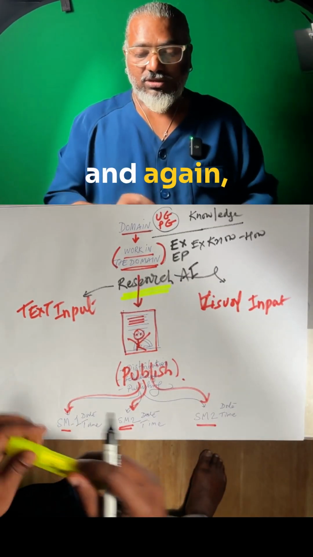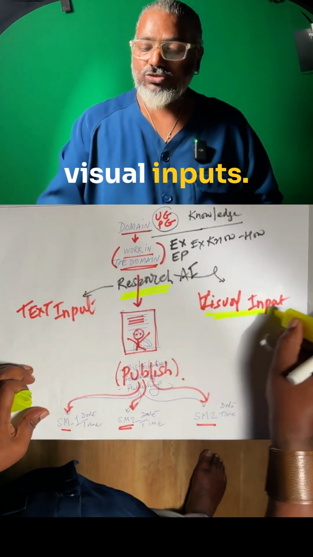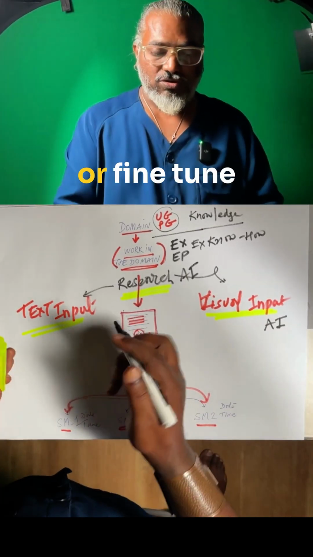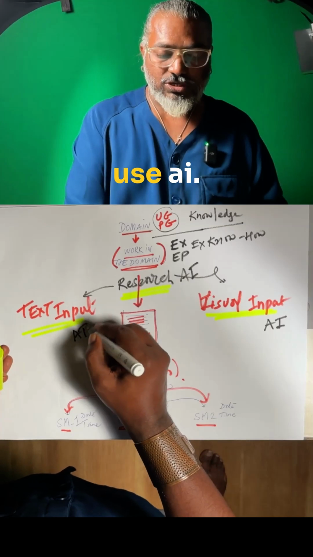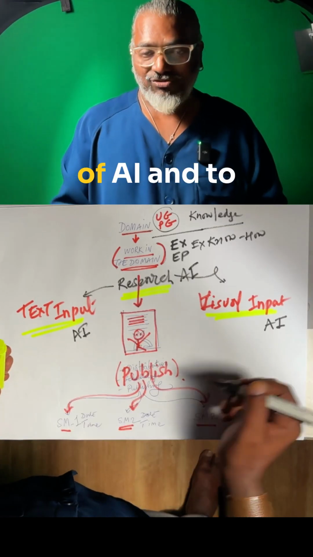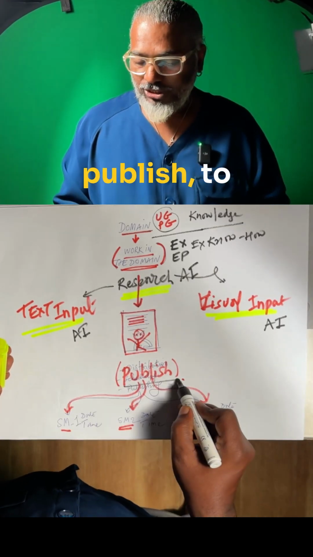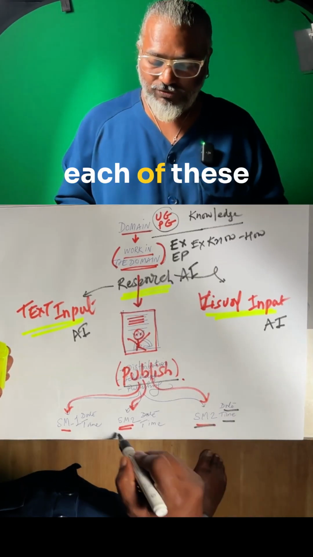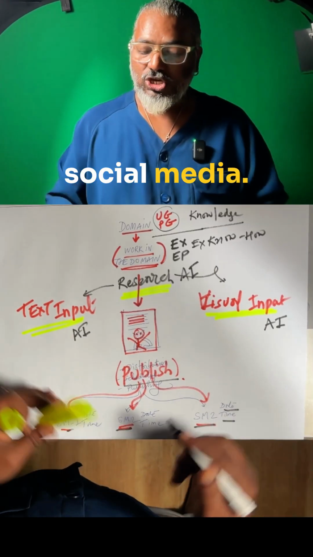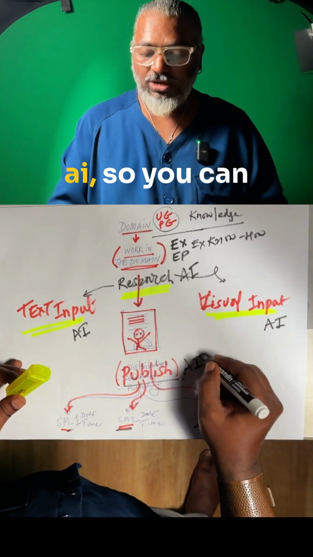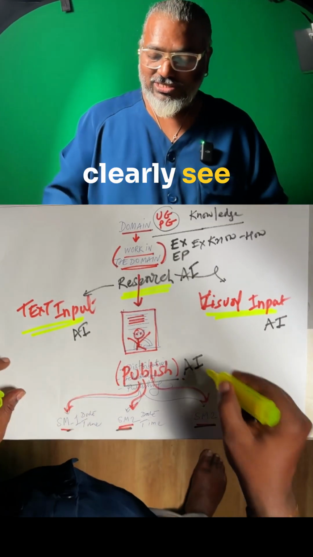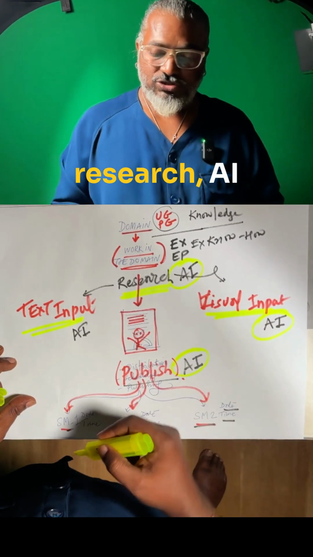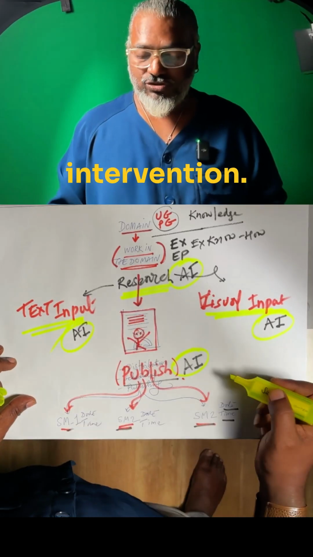And again, to create visual inputs, you can use AI. To edit or fine-tune your text, you can use another kind of AI. And to publish, to schedule your date and time for each of these social media, once again you can use AI. So you can clearly see there is AI intervention at each stage.